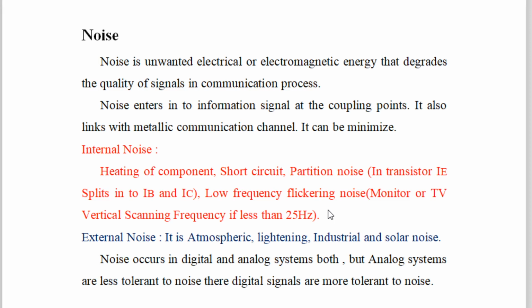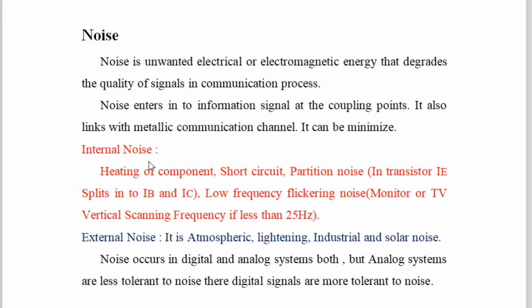So flickering happens at a low frequency. I have written here: monitor or TV vertical scanning frequency less than 25 hertz. Vertical scanning means repeating of the whole screen. That is called your vertical scanning frequency.